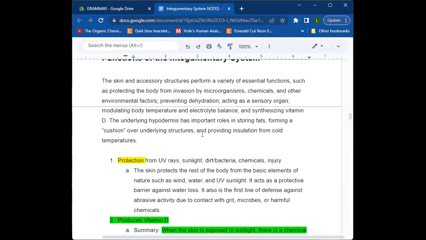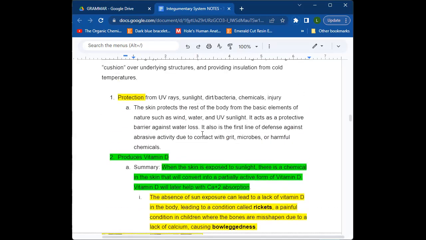Okay, now let's take a look at the functions of the integumentary system in general. We need to know that it has several functions. So first of all, it's going to help with protection.